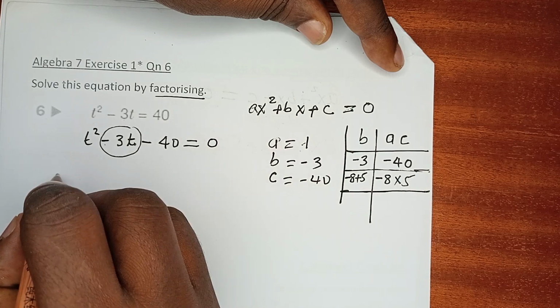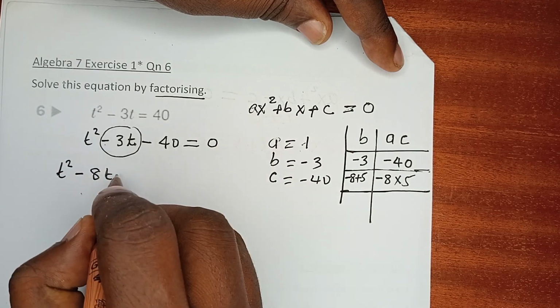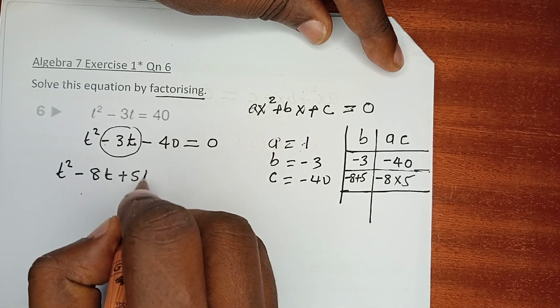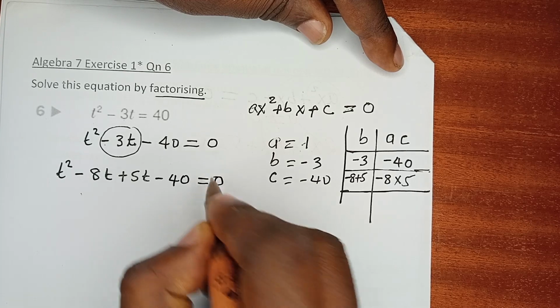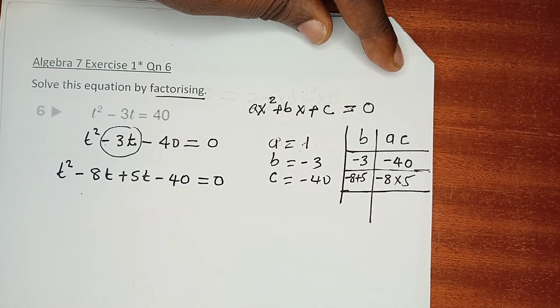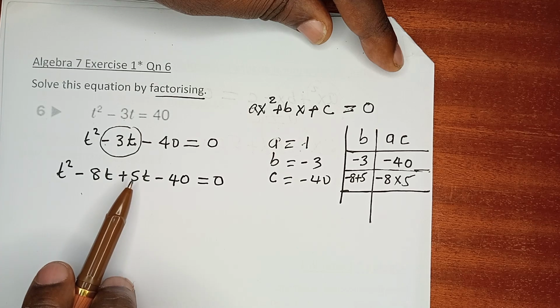How do we go about this? T squared minus 8t plus 5t minus 40 is equals to 0. We have broken the middle term into minus 8t plus 5t.